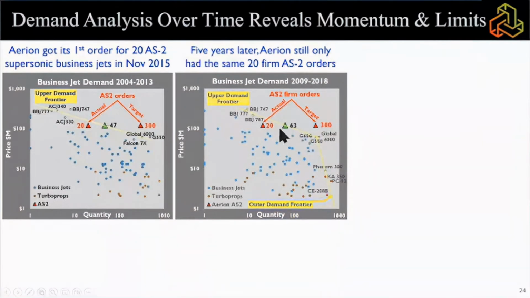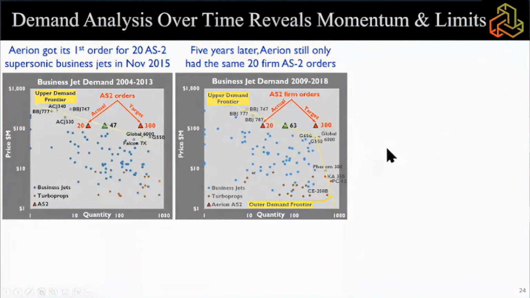Upper demand frontiers look at the limits the market has with respect to price, while outer demand frontiers look at the limits the market has with respect to saturation or fulfillment. So at this point, the market has absorbed all it can absorb, and there's a limit to how much it'll take right here. And we're going to look at this in a little more detail later. So I saw this, and I did the analytics, figured out what the chances of this happening were.